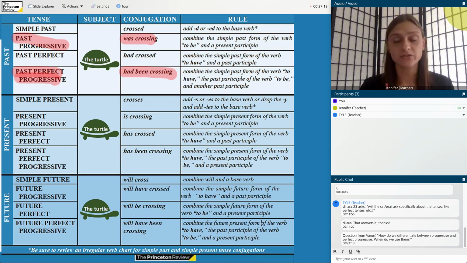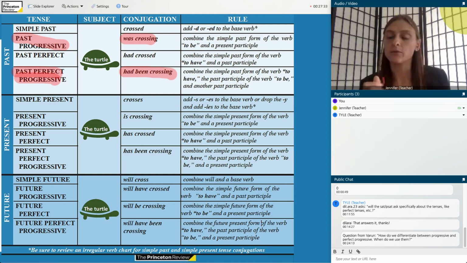I found out is your simple past. A storm was coming. So the had been planning was even before I found out that the storm was coming. And then if we look at the past progressive form of what I just said, I was running. I was running when you called me, so I missed your call.